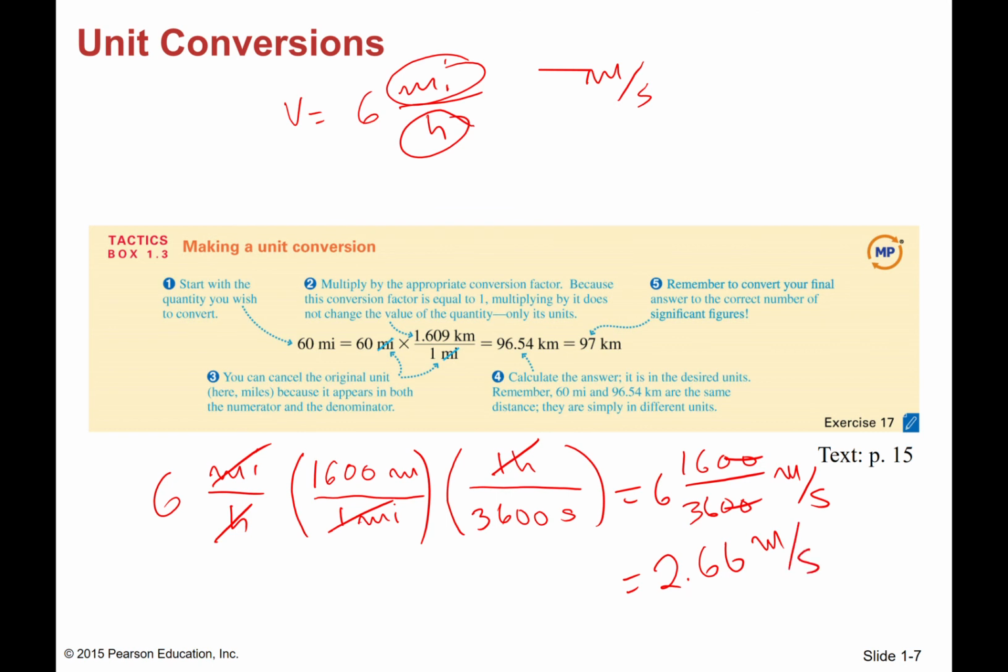That is the speed in meters per second of somebody running at 6 miles per hour. And that's how we do these conversions.